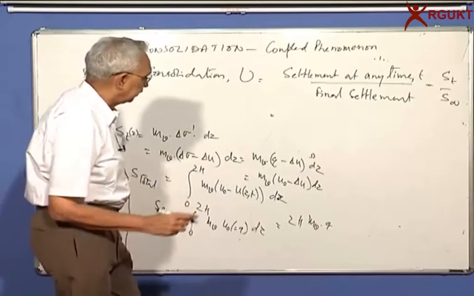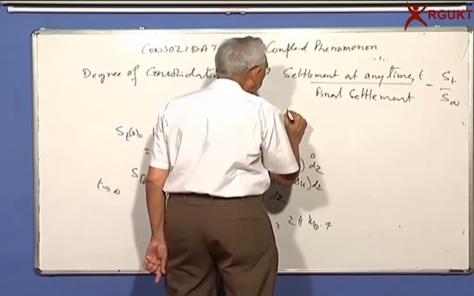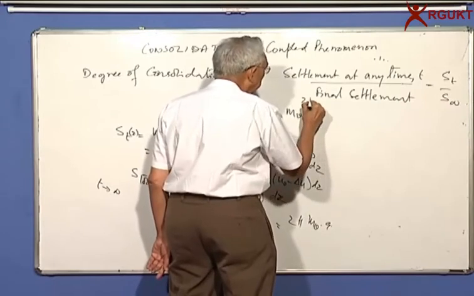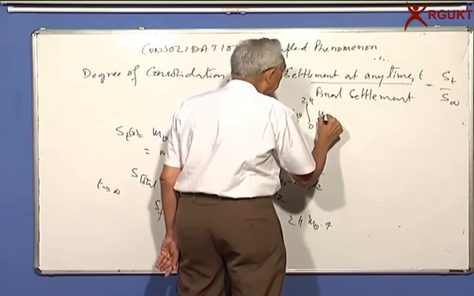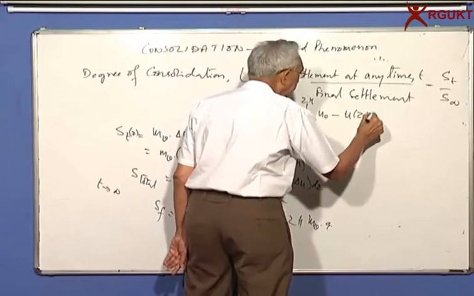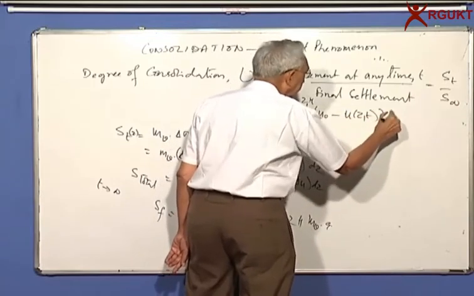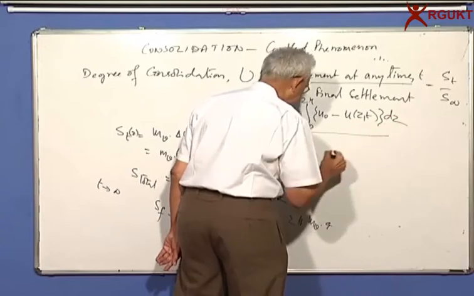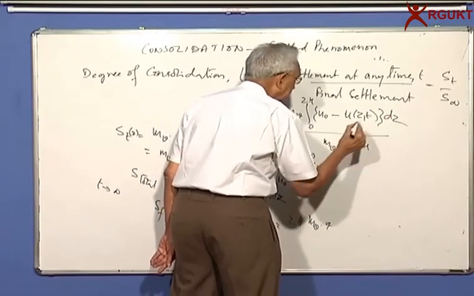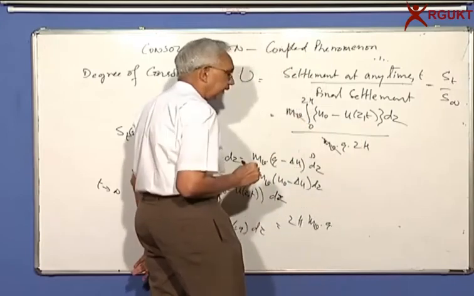Now from these expressions I can write this is nothing but mv integral 0 to 2h (u naught minus u z t) delta z divided by mv into q into 2h. Obviously you can cancel this.